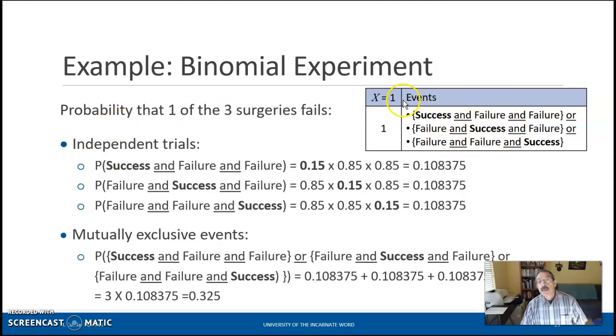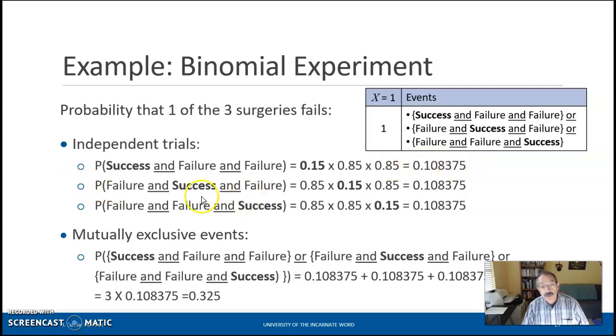Remember, one of the characteristics is that the trials are independent. So we're going to use the multiplication rule for independent trials to find the probability for each sequence. In the first sequence, the probability of success, 0.15, times the probability of failure times the probability of failure, and I get this number.